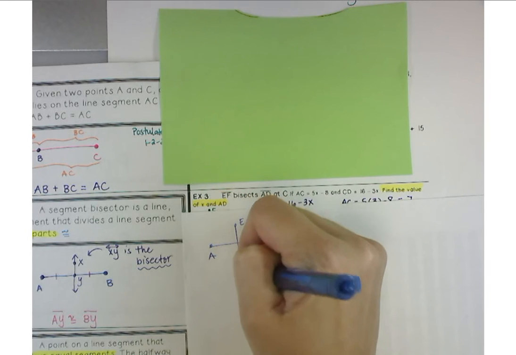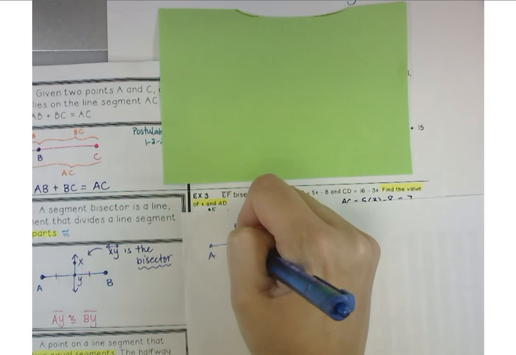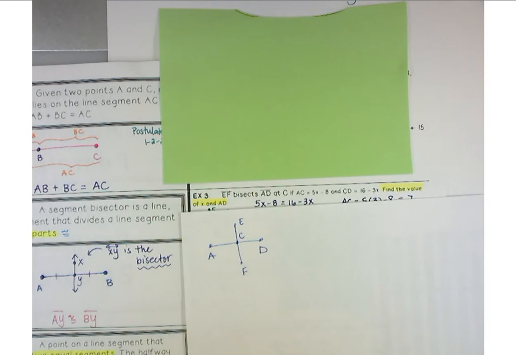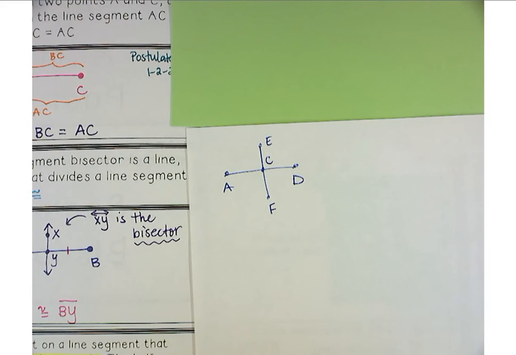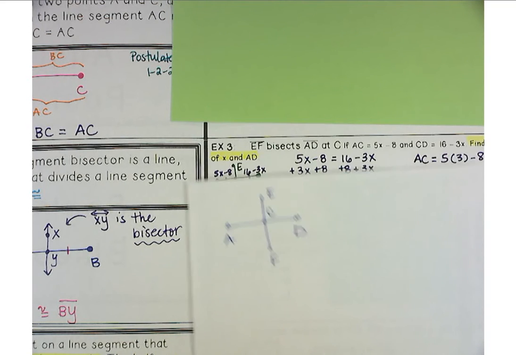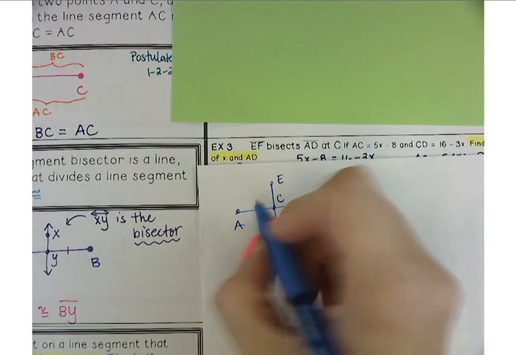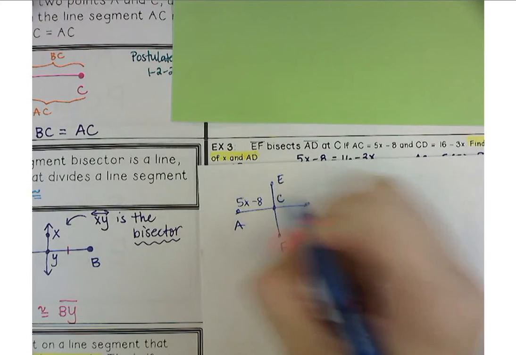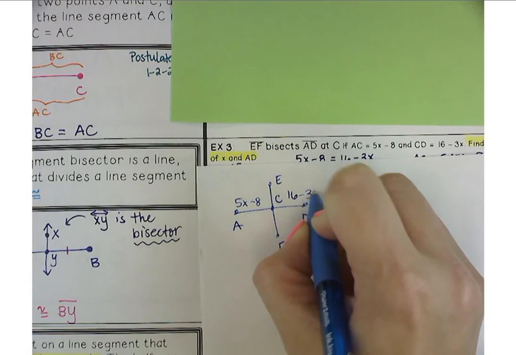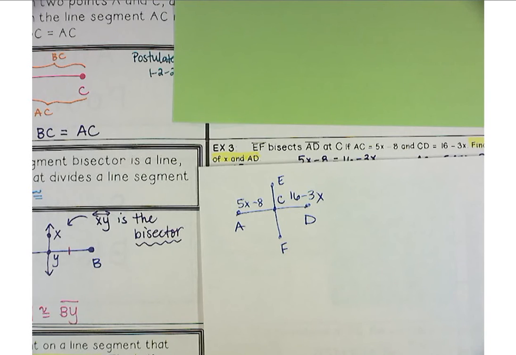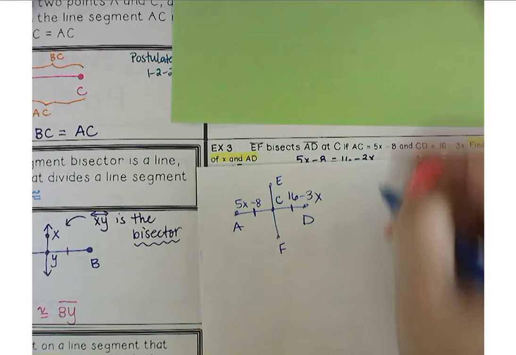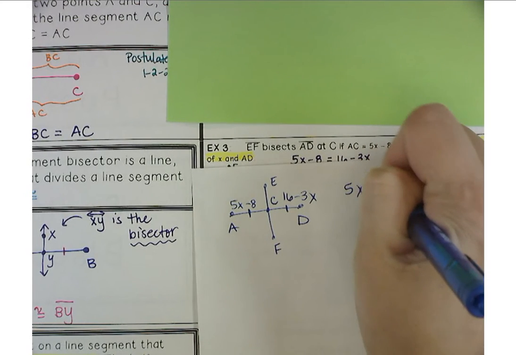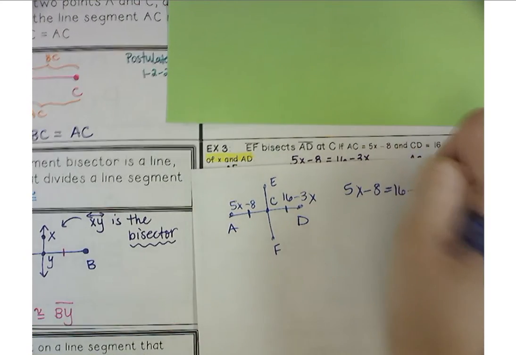And it bisects at C. Now we talked about earlier that if it's a bisector, it splits it into 2 equal parts. So if I know that AC is 5x minus 8 and CD is 16 minus 3x, because it splits them into 2 equal parts, I know that AC and CD are congruent. Okay, so what you need to do is set that equal and then solve.